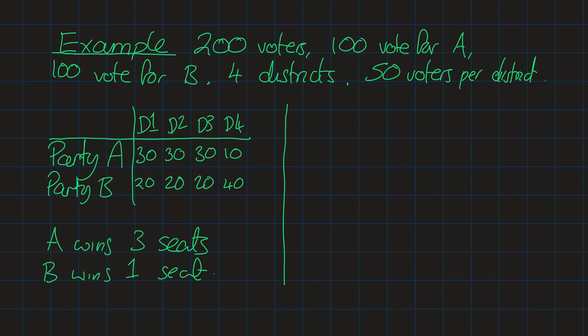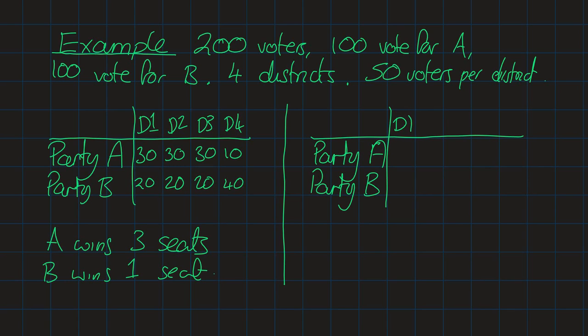And obviously you can do the exact same thing backwards. Party A, party B, D1, D2, D3, D4: 20, 20, 20, 40. I can do the exact same thing backwards.